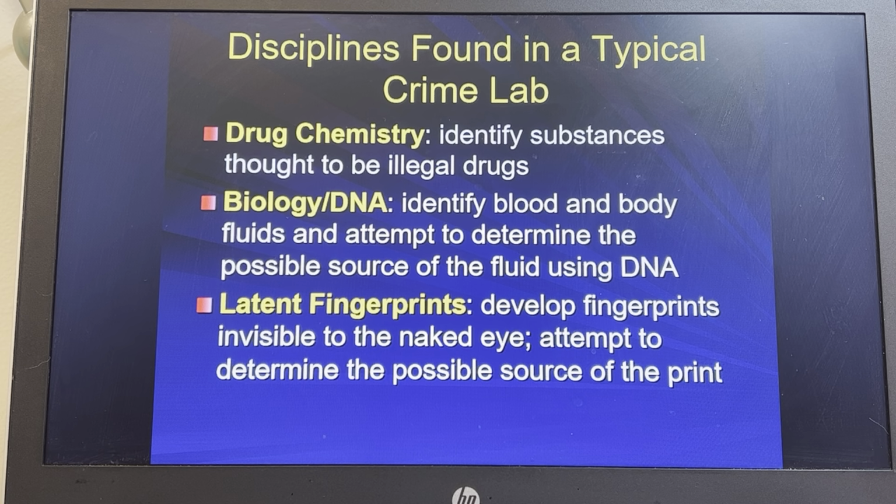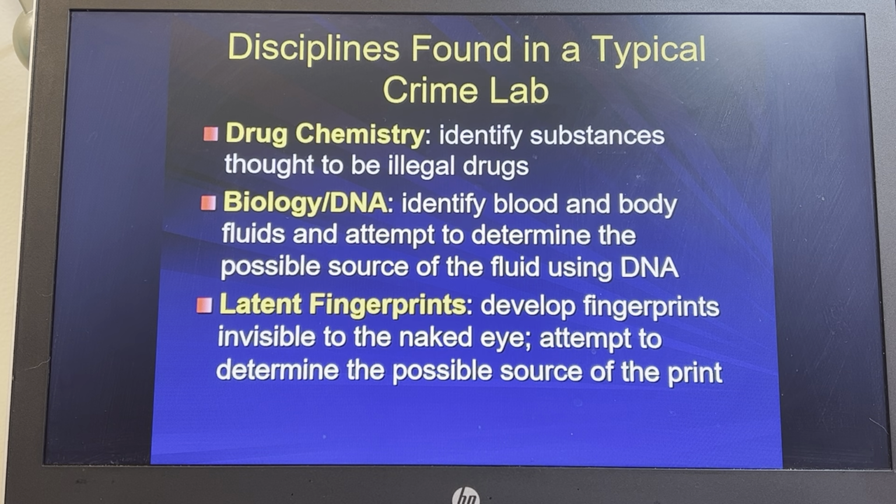Okay, so let's talk about the 6 sections that are normally found in a typical crime lab. So first is drug chemistry, and drug chemistry is normally the largest section that employs the biggest number of forensic scientists, simply because there's a lot of drug cases out there. And so what these people do, they have chemistry degrees, and they will identify evidence that is submitted to the lab that is thought to be illegal drugs.